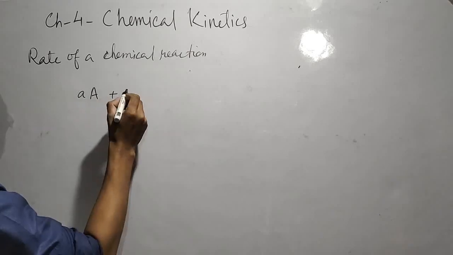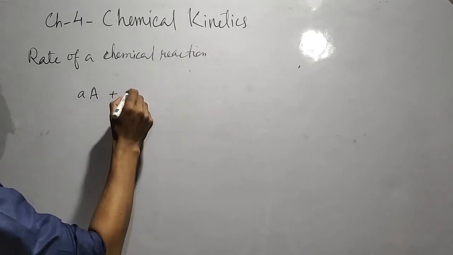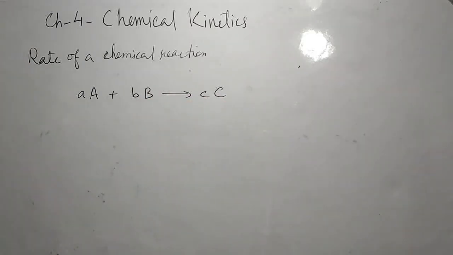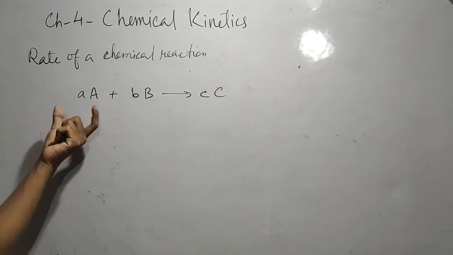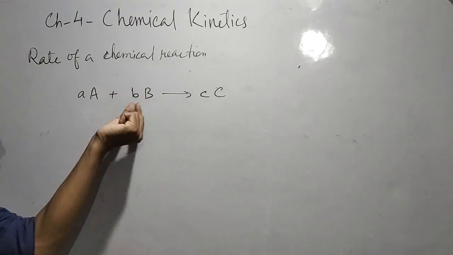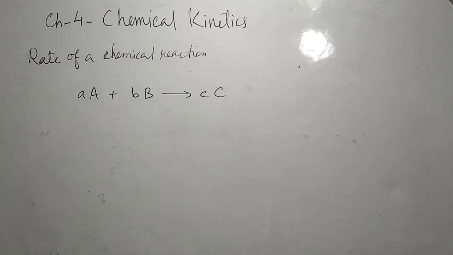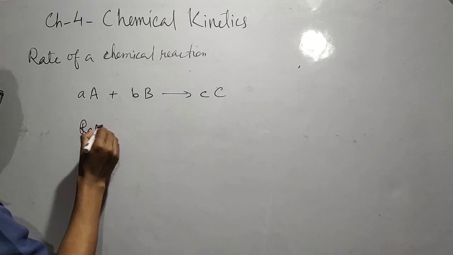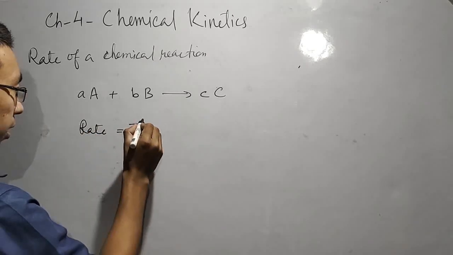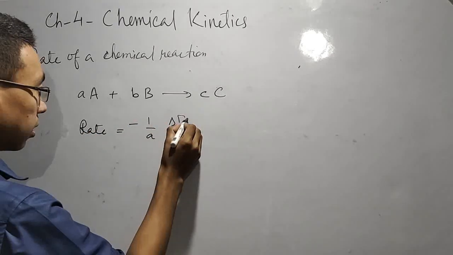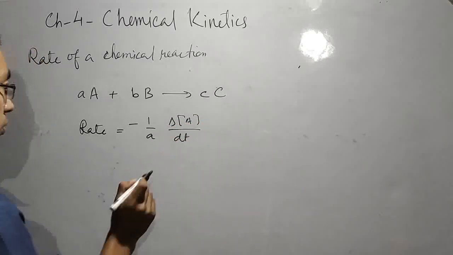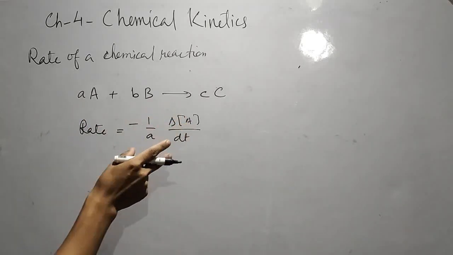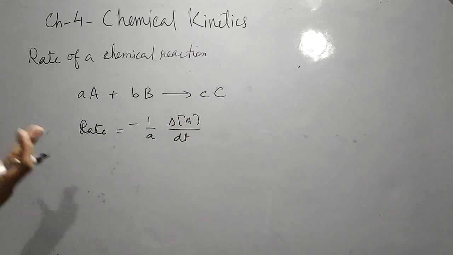Suppose a moles of reactant A, b moles of reactant B gives c moles of product C. So the rate can be represented by minus 1 by a, delta A divided by delta T. We divide by the stoichiometric coefficients of the respective species, either of the reactant or the product.